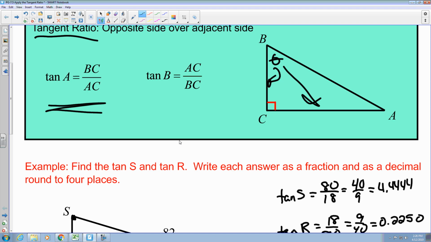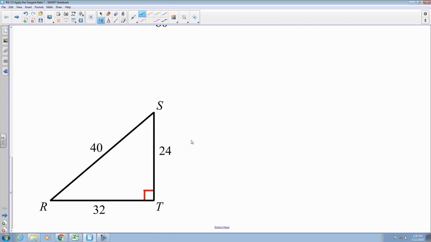Looking at this triangle, first off, they wanted tangent S. So tangent S here, opposite is 32 over adjacent, which is 24. 32 divided by 24 is going to give me a reduced fraction of 4/3, which then gives me a decimal of 1.3333 with 4 decimal places.